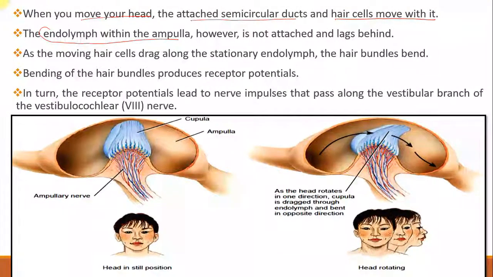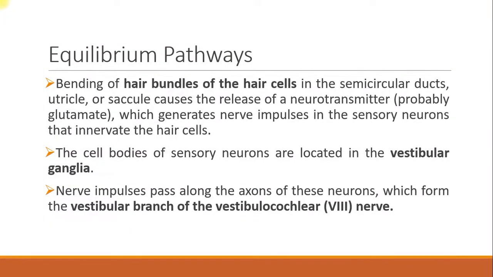This bending of hair bundles produces receptor potentials, or action potentials, in the nerves innervating these hair cells. These receptor potentials then lead to nerve impulses that pass along the vestibular branch of the vestibulocochlear nerve.